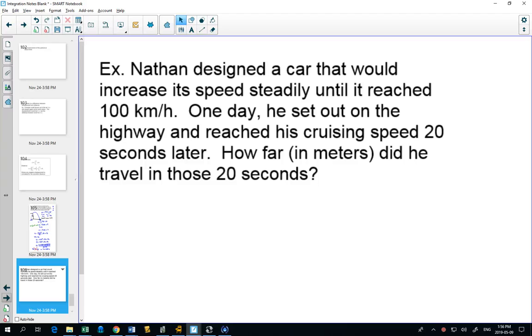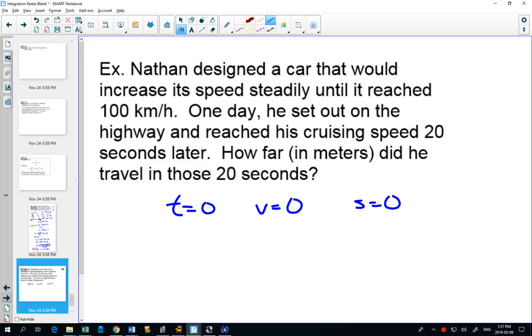Okay? One day he set out on the highway, pulled it out of the garage and dropped it right on the highway, and reached his cruising speed 20 seconds later. How far in meters did he travel in those 20 seconds? So again, we try to write out what we know. At time equals 0, the initial velocity is 0, the initial displacement is 0.